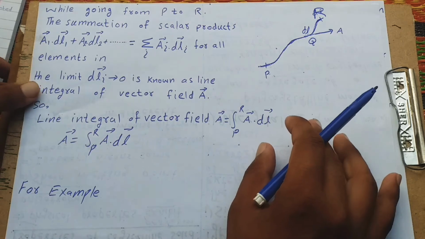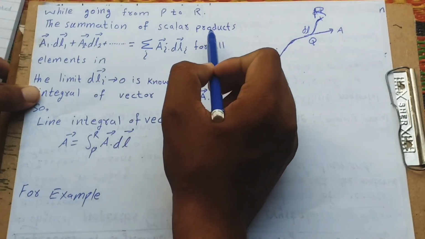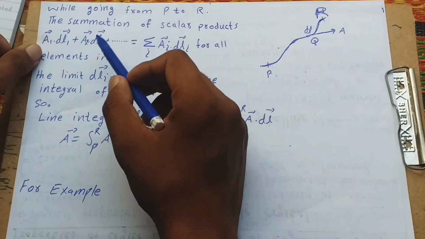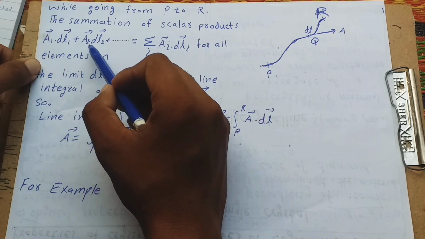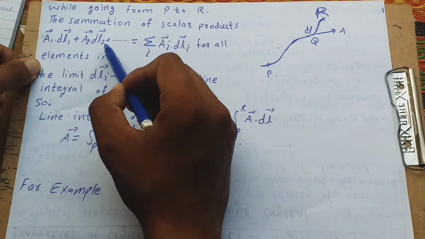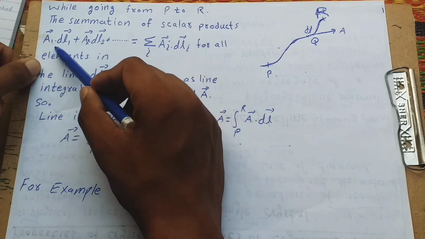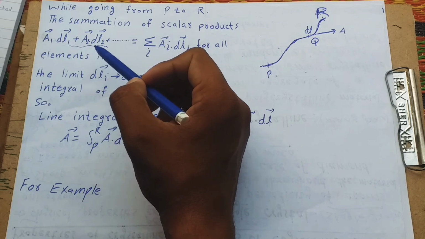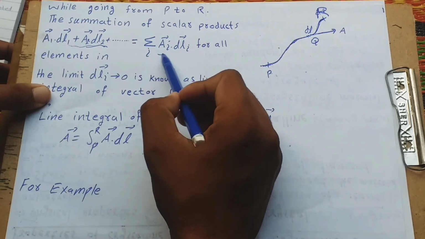For each small element of the vector field, we take the summation of scalar products: first a1 dot dl1 plus a2 dot dl2 plus and so on. Then we take the summation.